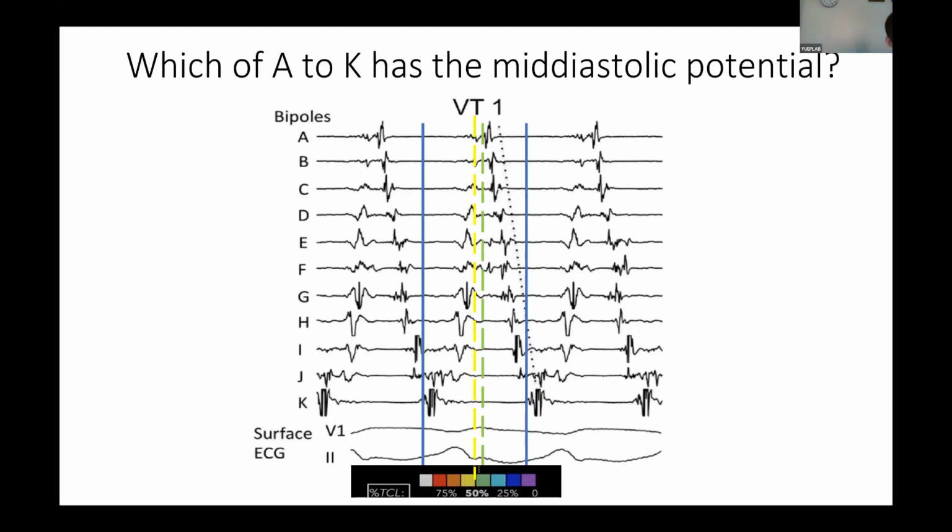Okay, so I just try to use the beautiful teaching slides. When we try to do the entrainment, you need to understand what you are doing. So I always ask my fellows, you need to do 3 steps when you do the entrainment. The first thing, always measure whether the cycle length is driven or not.